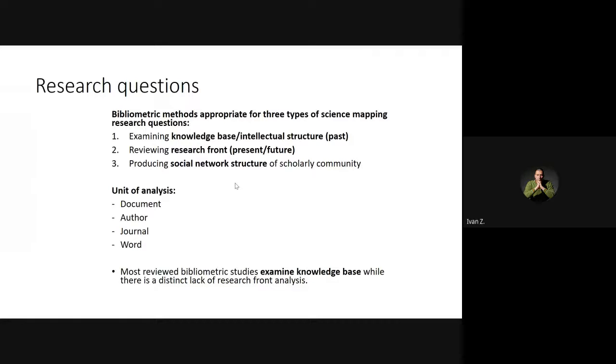You can do it on the level of journal, so you can draw a structure of which journals are connected with other journals that are topically very close. Or you can do it on the basis of keywords, right? So you can find the keyword structure of a specific research stream. This evolves over time.